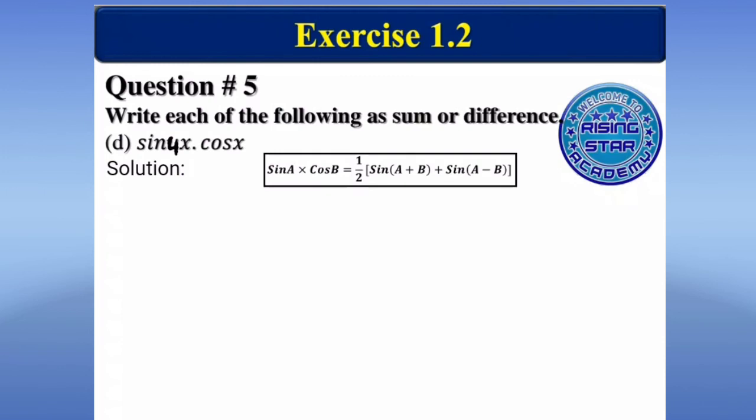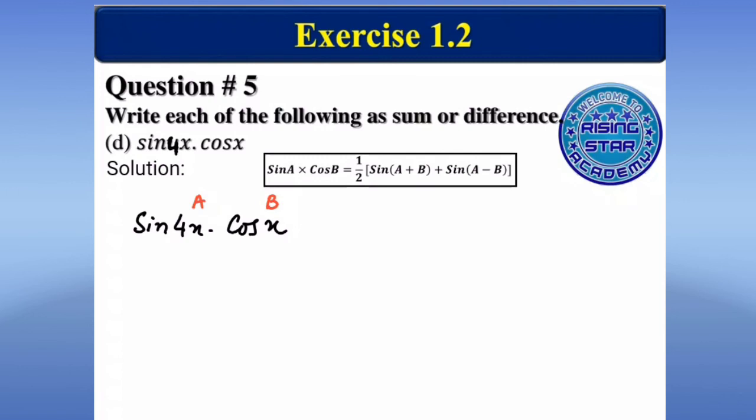So in part D, I will use the identity of sine A into cos B. So we will write sine of 4x into cos of x. My A value is 4x and my B value is x.